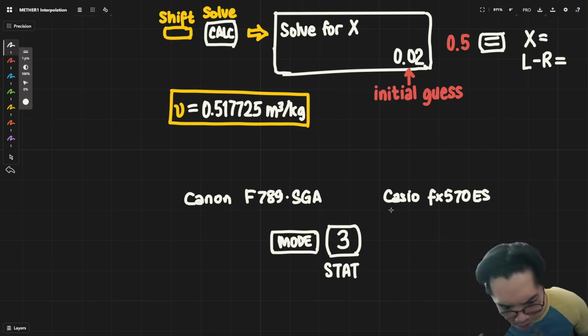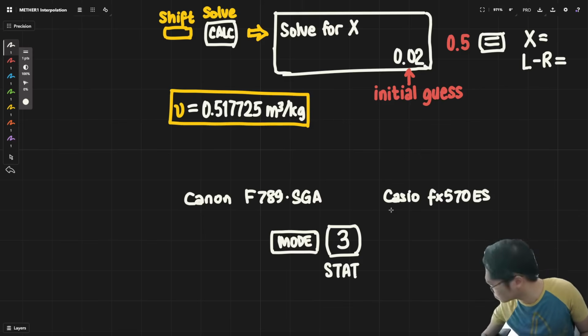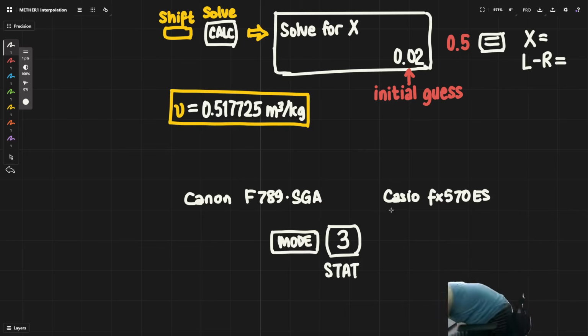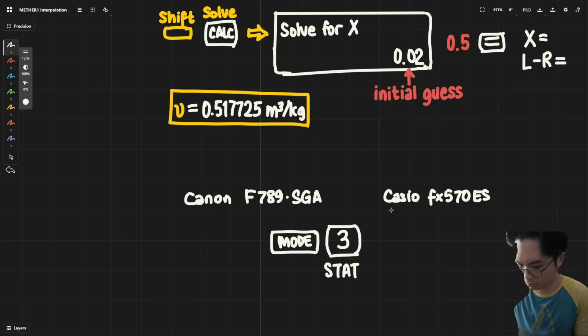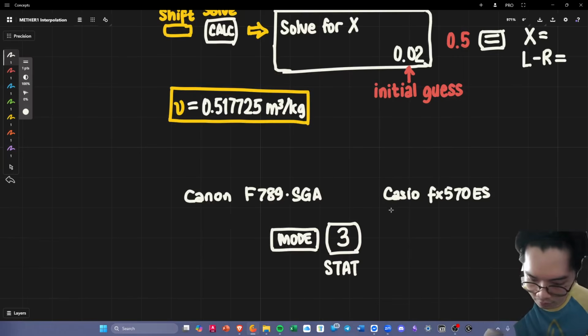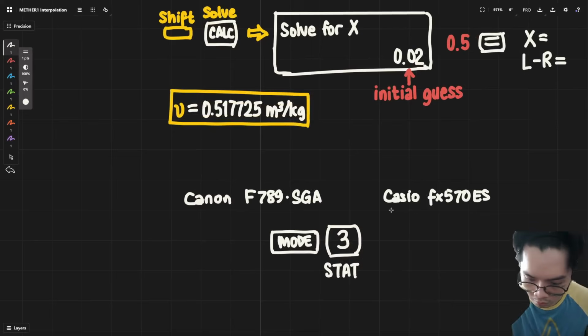Let me actually get my Casio. Hold on. Okay. So for the Casio, I have both of them now. Mode, right? For both of them, you will see stat. So if you press number 3, you will now be presented with other options.